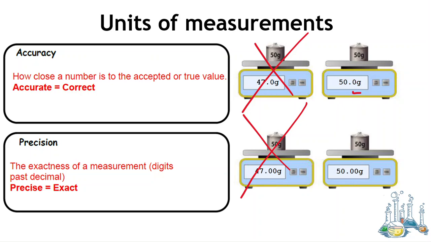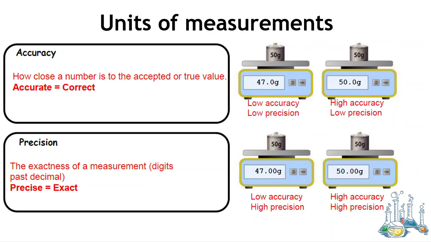Well, that means that its precision is to the tenth of a gram. This balance, however, goes to the hundredths place. That means that its precision is to the hundredth of a gram. It gives a more exact measurement. This balance would be superior and would be more expensive. Okay, so accuracy and precision are not the same thing, but they both are important to us when we take our measurements.